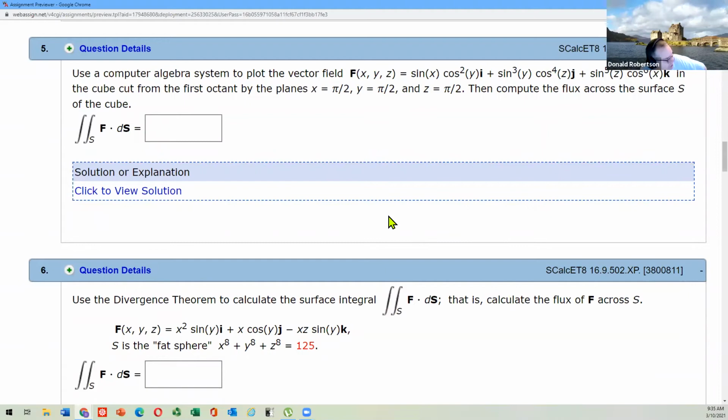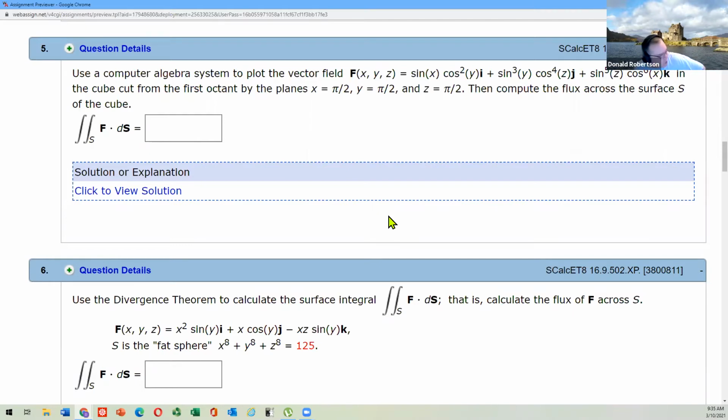I'm just looking at it. It says, use a computer algebra system to plot a vector field. Well, you can if you want to. It's not going to be something that WebAssign will know if you've done it. But we are going to be looking for our surface integral. And I've forgotten to call this guy the flux.